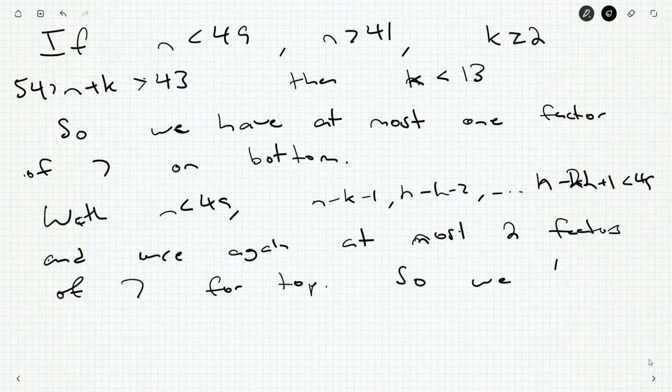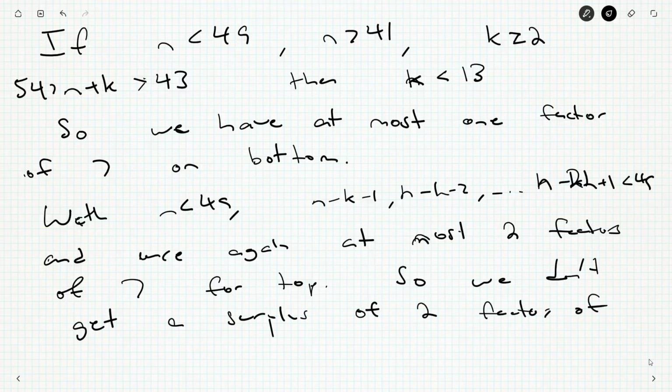So we don't get a surplus of 2 factors of 7. Therefore, n equals 49, k equals 5, n plus k equals 54 is the smallest.